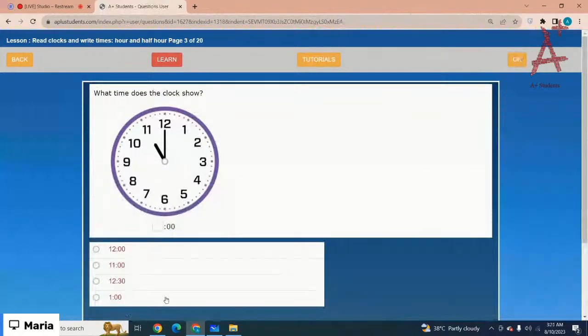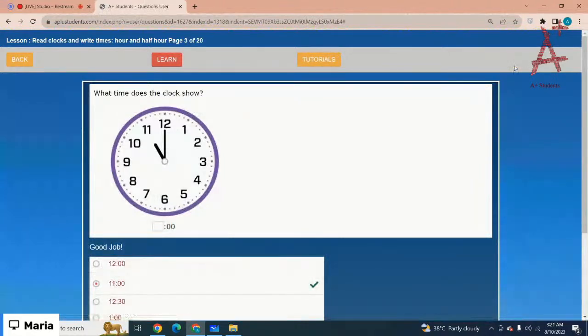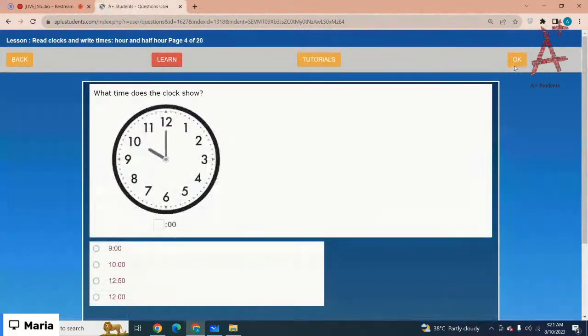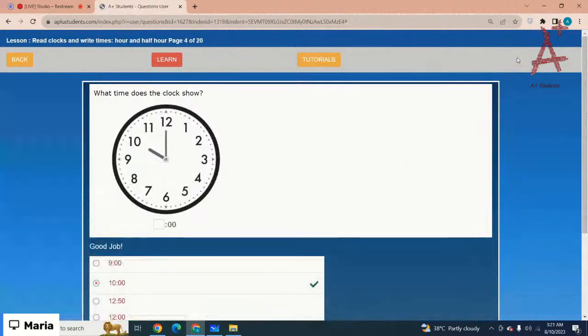So this clock shows 11 o'clock, right? Okay, what time does the clock show? So which is the correct option? The clock shows 12 o'clock, right? Sorry, 10 o'clock, because the hour hand is pointing to 10. So it would be 10:00, right? Option number 2 is the correct option.